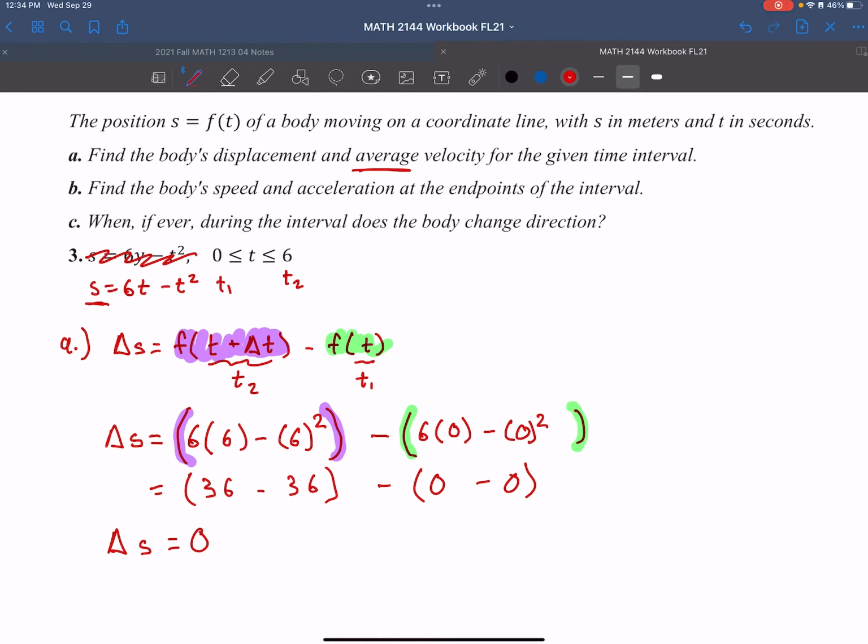You've got to be careful. It could have moved, but it's back to where it started. So let's think about what that meant, the fact that there was no displacement. Imagine my water bottle right here, started here. It is a quadratic function, so if we checked 3, it's going to be somewhere different. So it left, but it came back at time 6 exactly where it started.